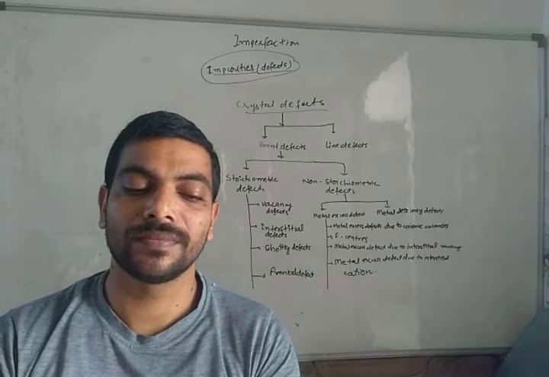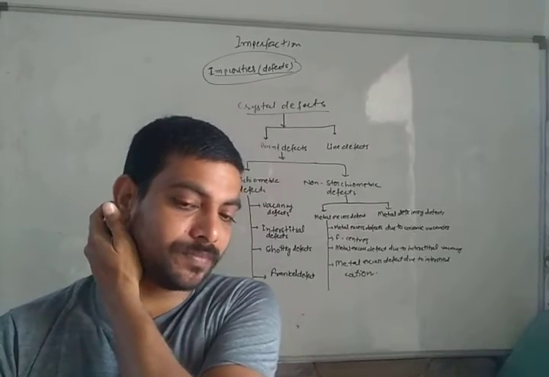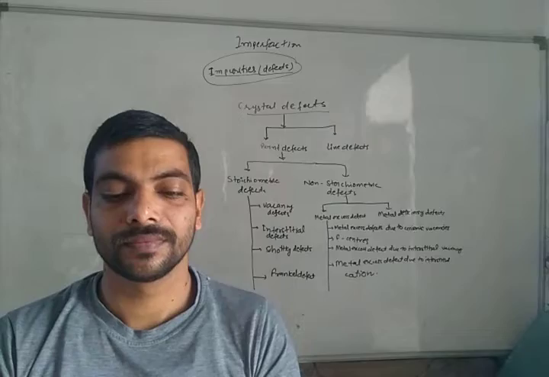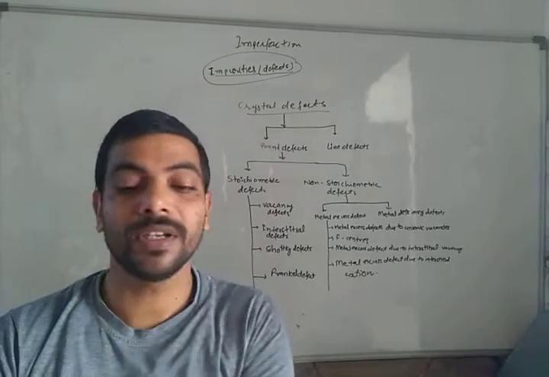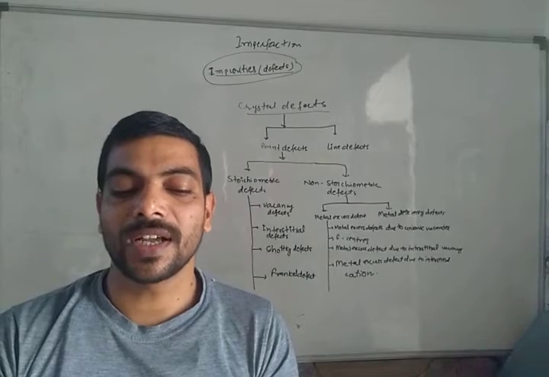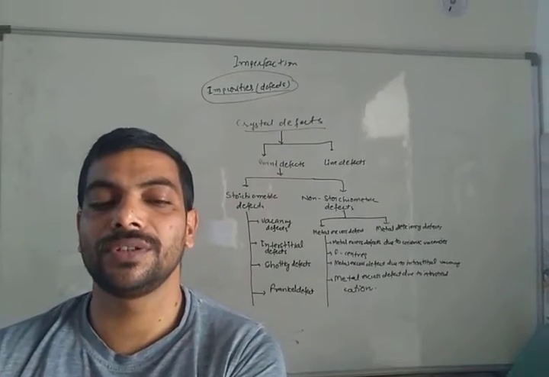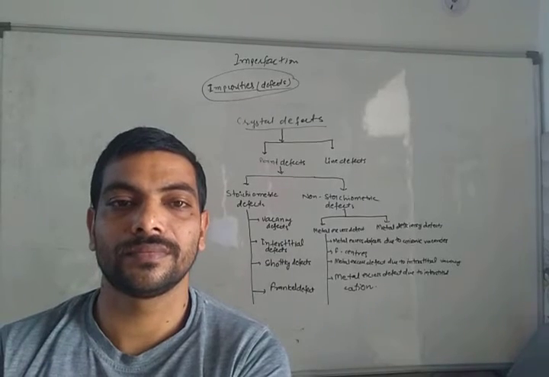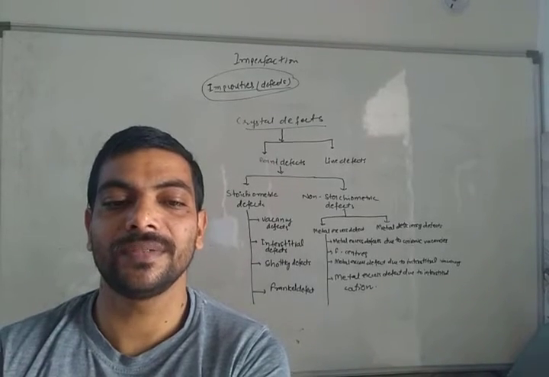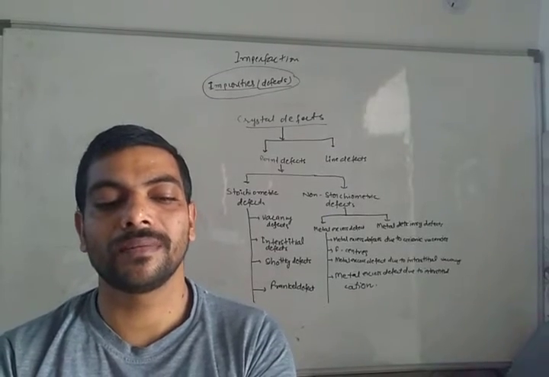What is band theory? Band theory explains the conductivity of conductors, insulators, and semiconductors. The interaction between the valence band and conduction band decides the conductivity of a particular material.